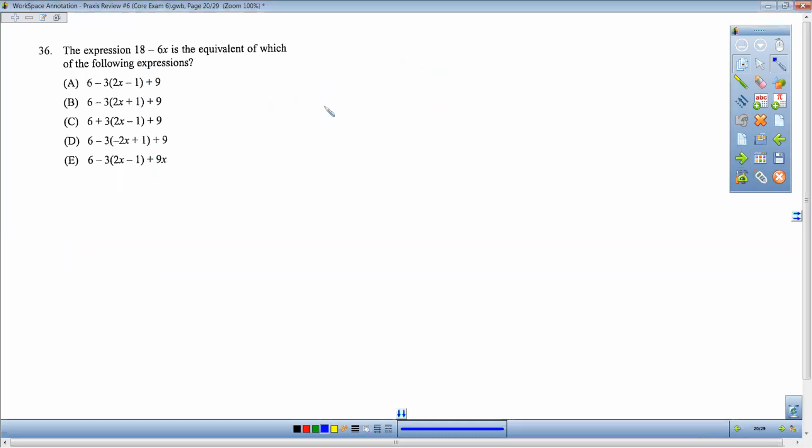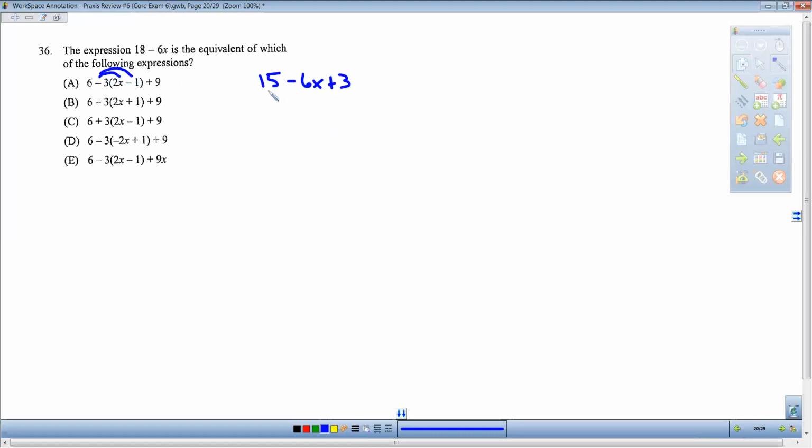The expression 18 minus 6x is equivalent to one of these. So this is another one where you could kind of check line by line. 6 plus 9 is going to be 15. And then if I distribute the negative 3 to both, I'm going to get negative 6x plus 3.